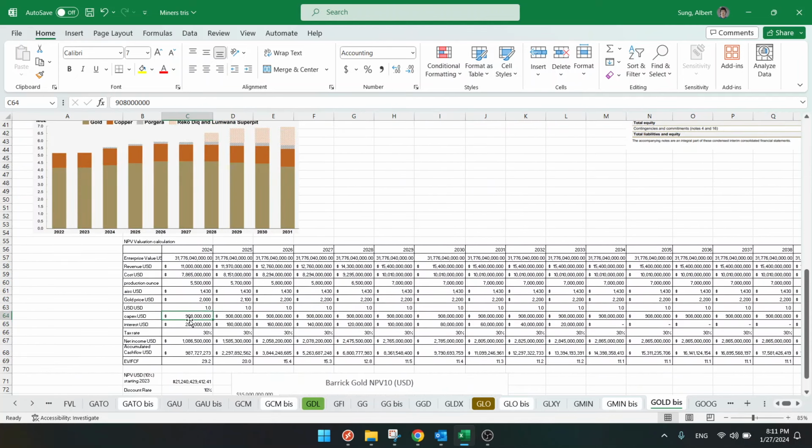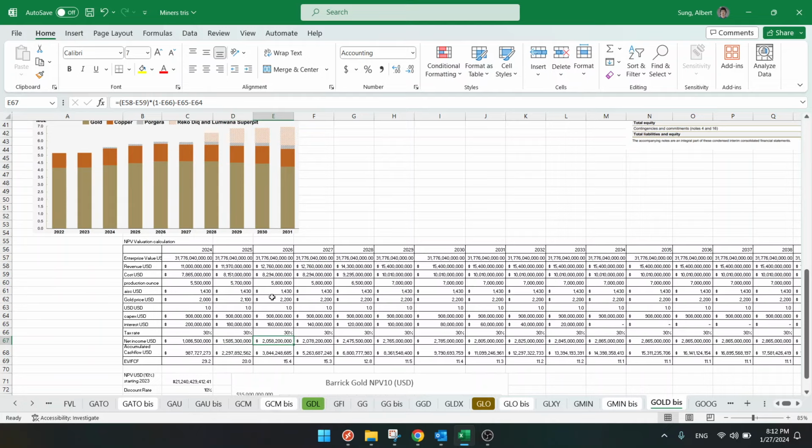And capex of 900 million, 200 interest that goes down if they repay the debt, 30% tax, and then you get these numbers. Revenue minus costs, and you get net income per year of about 1 billion, 1.5 billion. If gold goes up, it can even go to 2 billion.